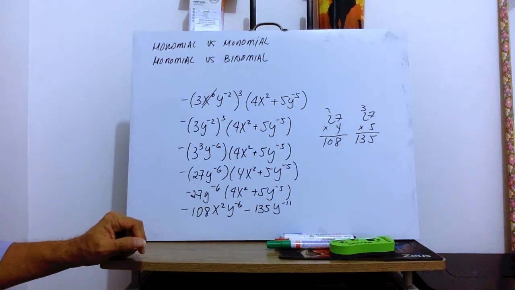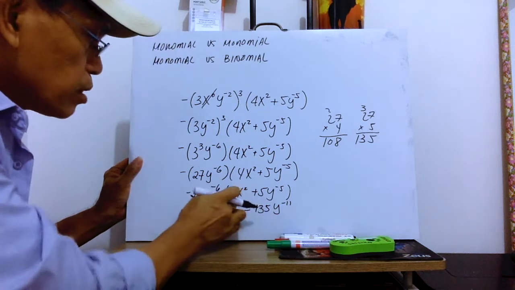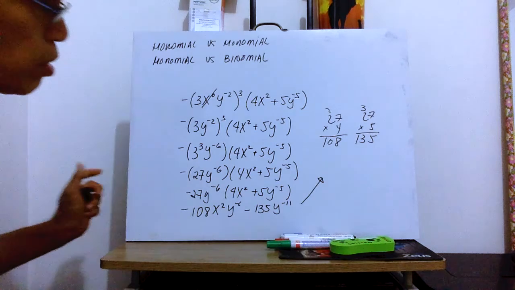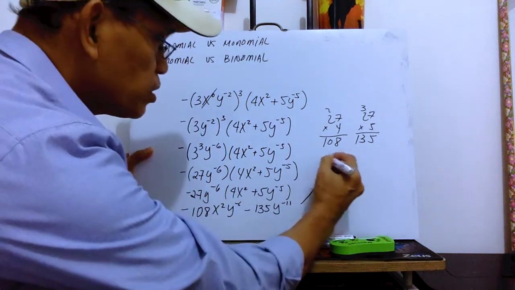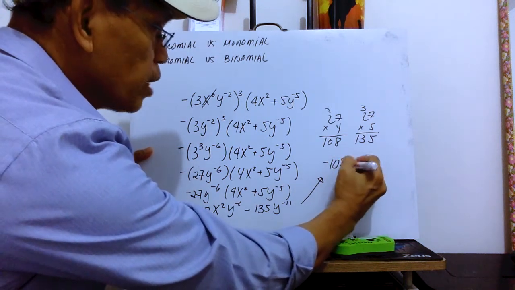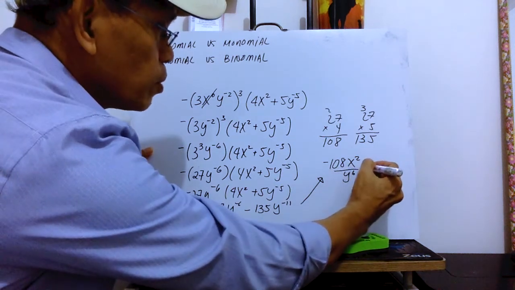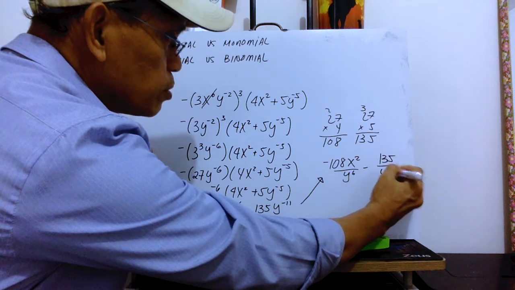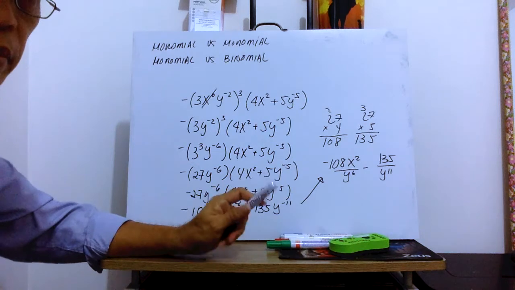So that's the answer. Let's make our exponents positive. The final answer is negative 108 x squared over y to the 6th, minus 135 over y to the 11th. There. That's the answer.